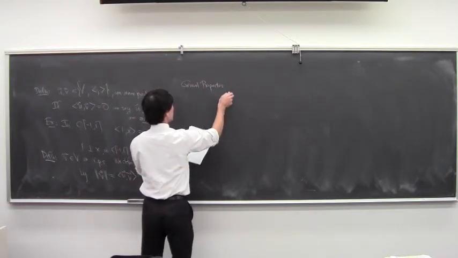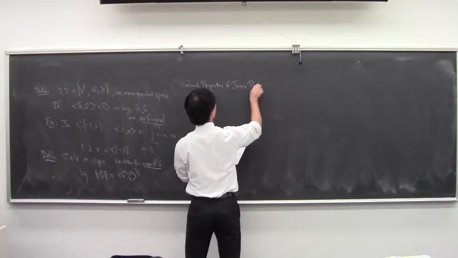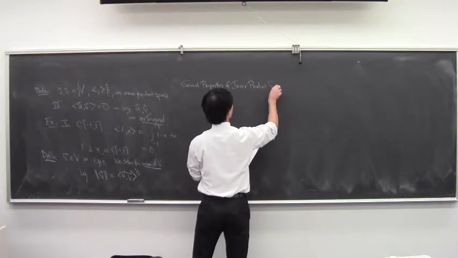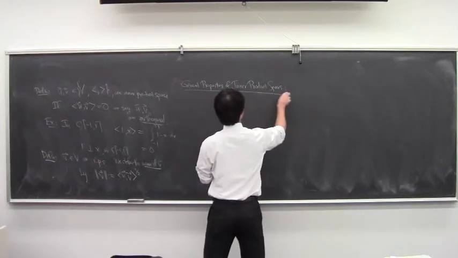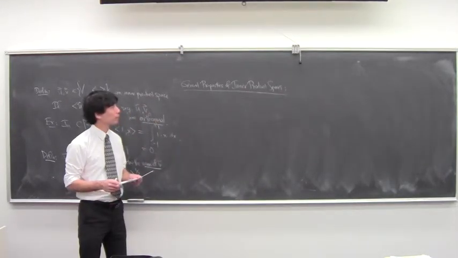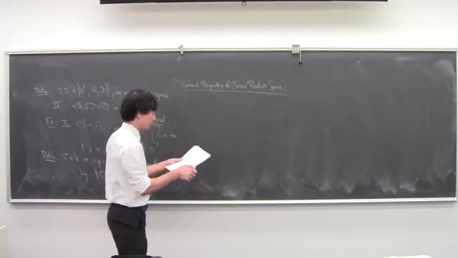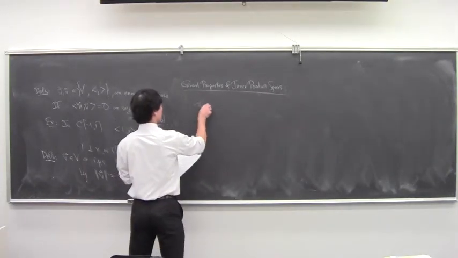There are some properties that inner product spaces have that are just like the properties that Euclidean space has. Here's an example of the first one, the Pythagorean theorem.